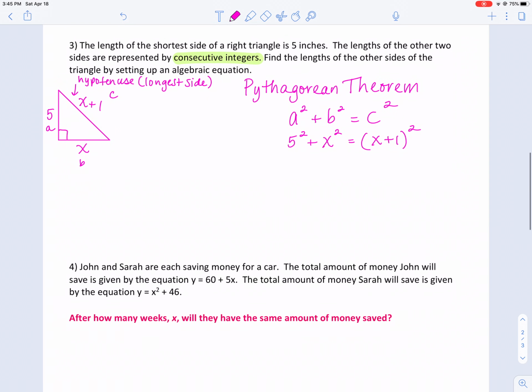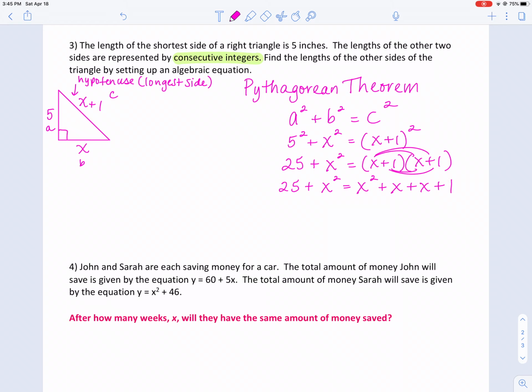All right, so let's try to solve this. 5 squared would be 25 plus x squared equals, this is just x plus 1 times itself. Okay, so now you have 25 plus x squared equals, when I double distribute, I get x squared plus x plus 1.